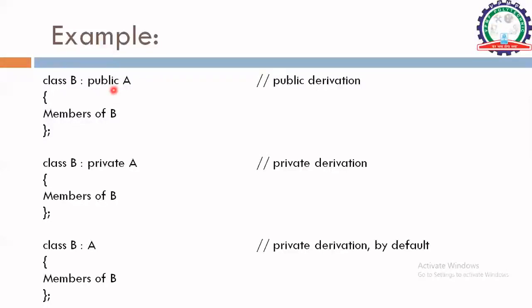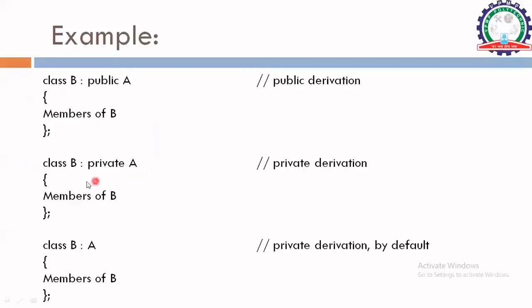Now, the effect of public or private or protected visibility mode we will see in our next slide. See, here we have declared members of class B. That means only those members will be declared here which are members of class B only.